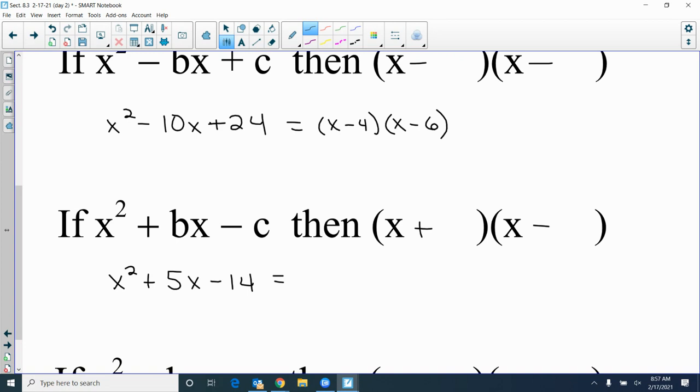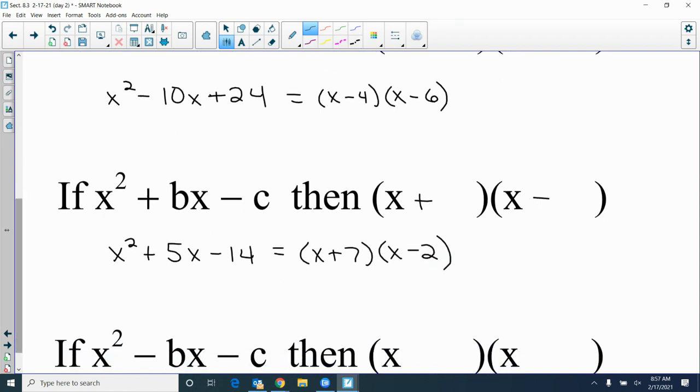Think about that. Sam? Would it be -2 and 7? -2 and 7. I'm going to put the plus first. That doesn't matter. X plus 7, x minus 2.